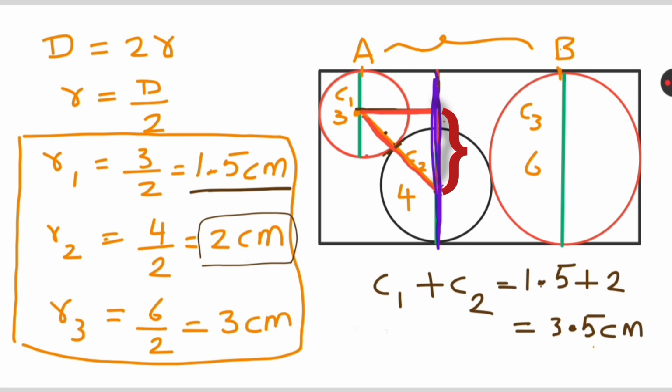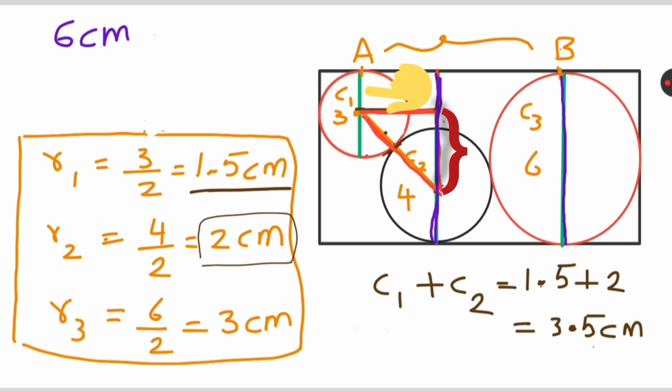It is the same as the diameter of circle C3, so this total vertical line is 6 centimeters, because in a rectangle the vertical sides are all the same. So this line is also 6 centimeters.